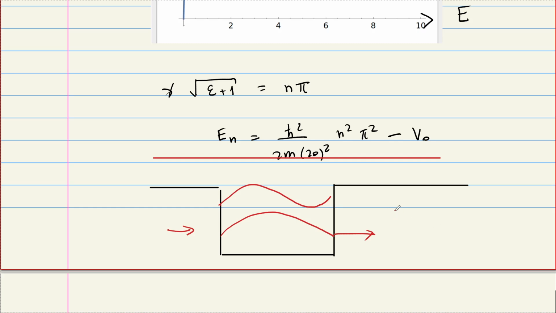And you can also calculate the wavelength from here, and what you are going to find is lambda over 2 is equal to 2a over n. Every time your de Broglie wavelength matches a multiple of this well, you have perfect transmission. And that was exactly what we had for particle in a box. Okay?